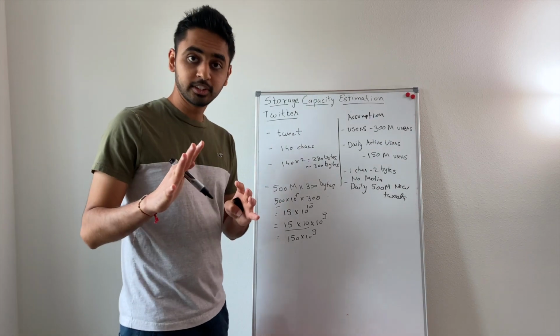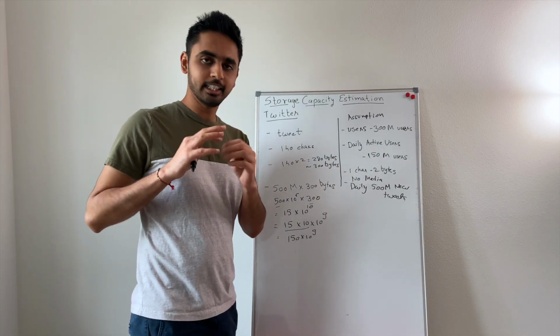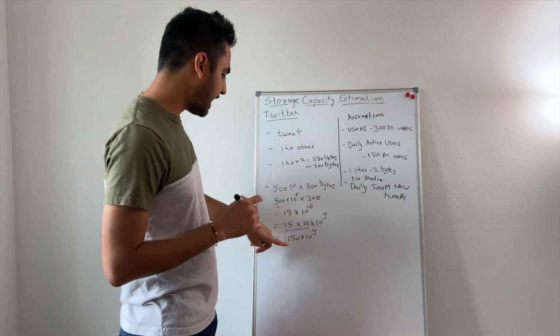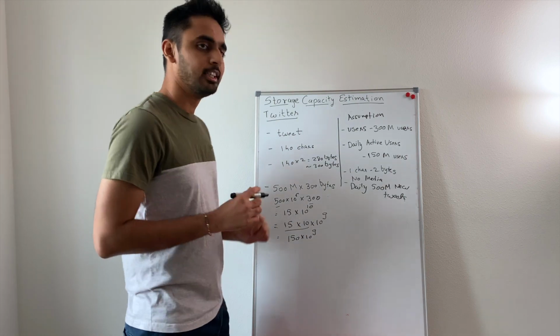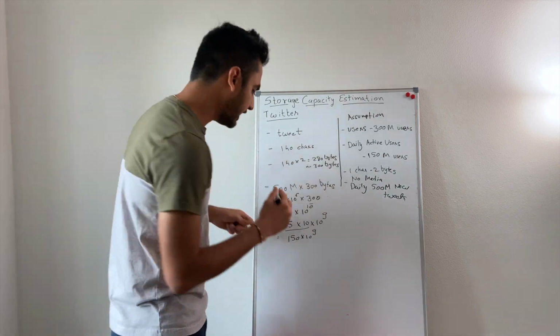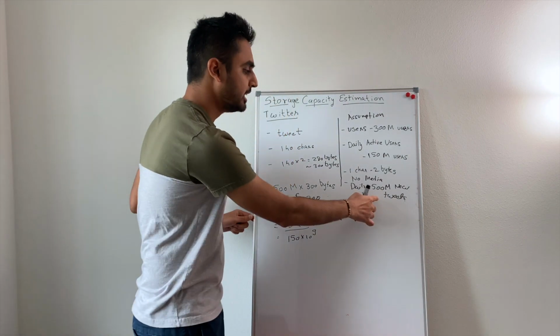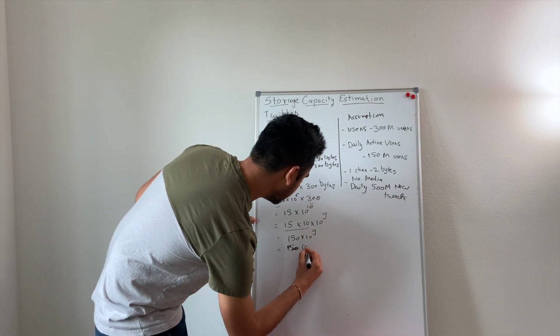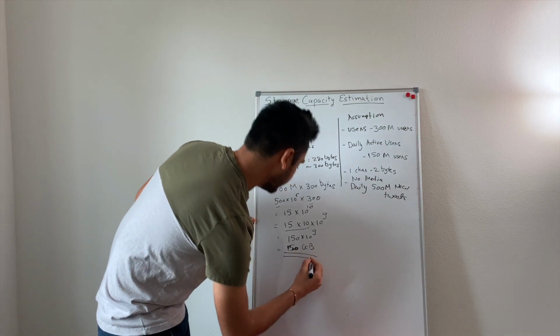So remember those kinds of boilerplate calculations before doing these things. So now I know this is 150 GB. So per day, for 500 million new tweets, I need 150 GB of storage, right?